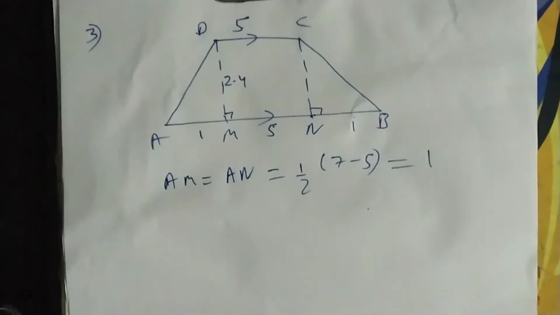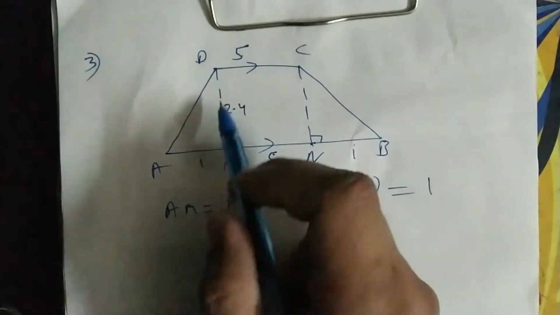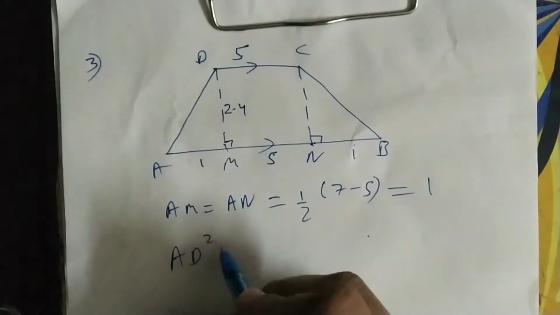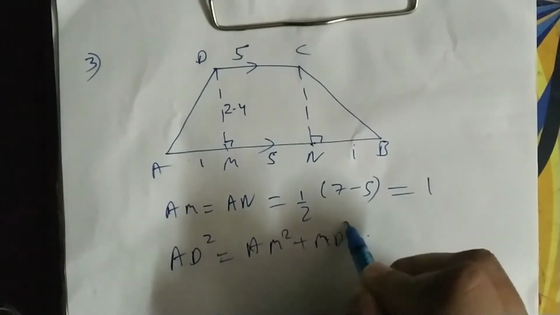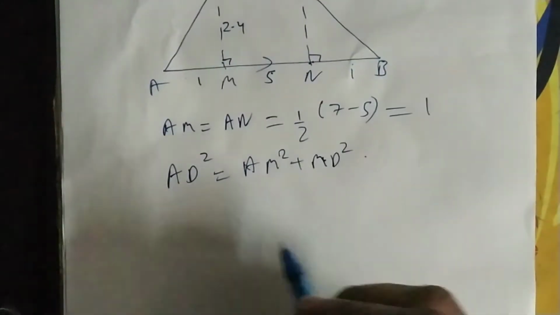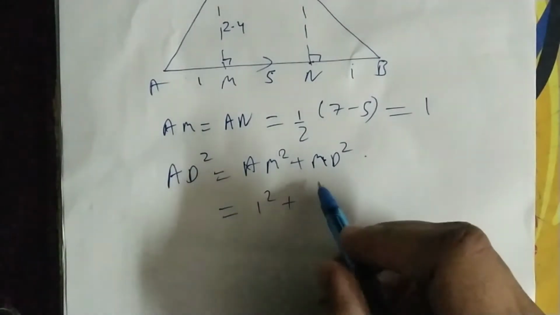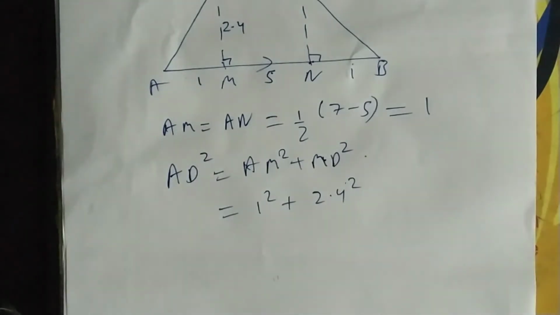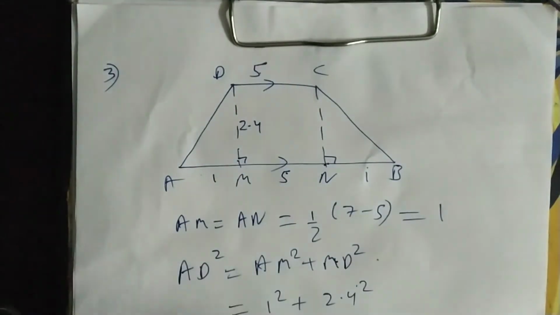Now we also require this length AD. This is 90 degrees, so AD square is equal to AM square plus MD square by Pythagoras theorem. AM is 1, MD is 2.4. Similarly, BC is also equal to AD.